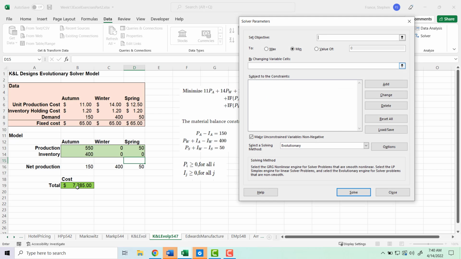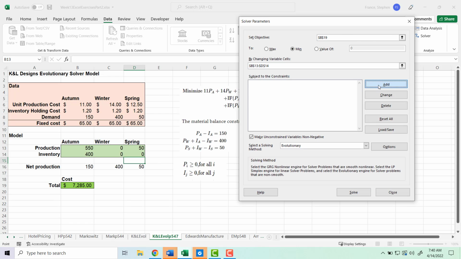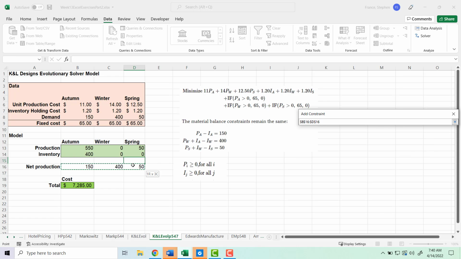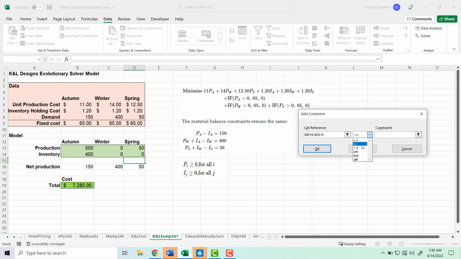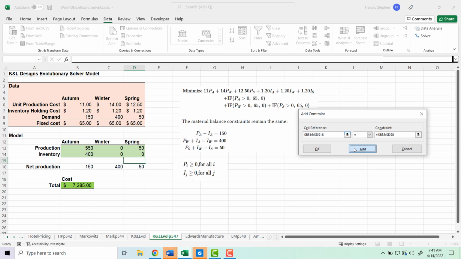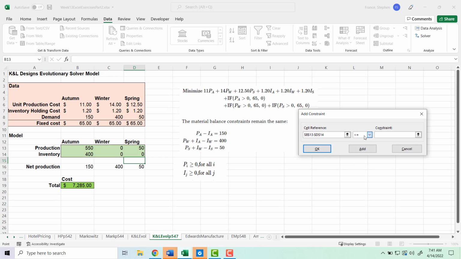Okay, so let's set the objective here, which is to minimize the cost by changing these variables, subject to our previously done balance constraints, that our net production, which we send out, is equal to the required demand. And generally, for evolutionary solvers, we also have to constrain these variables.